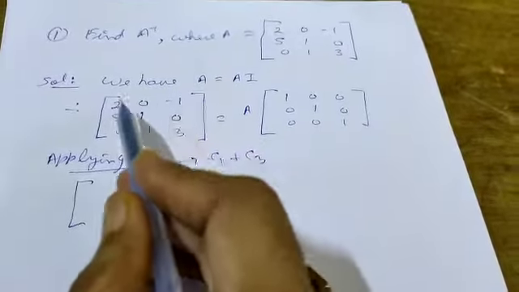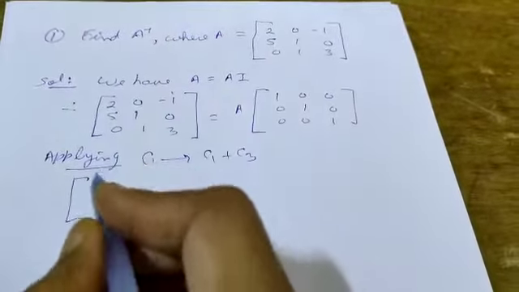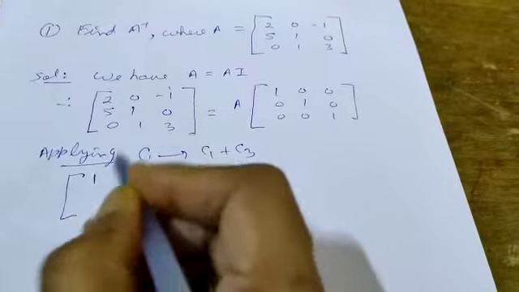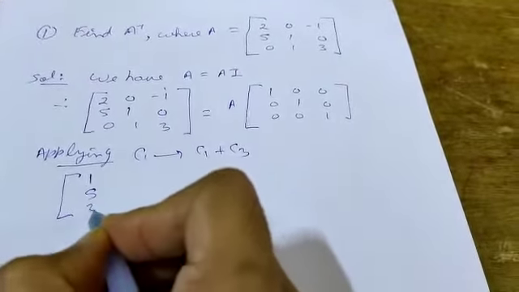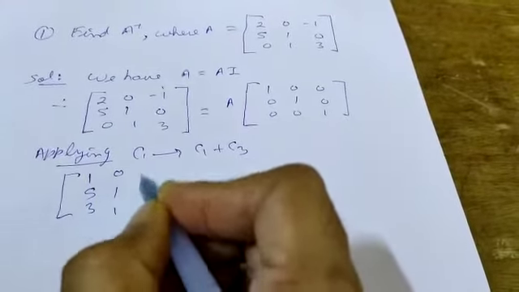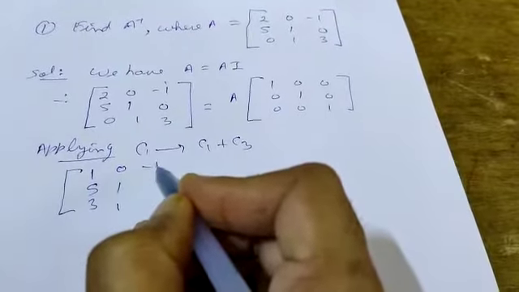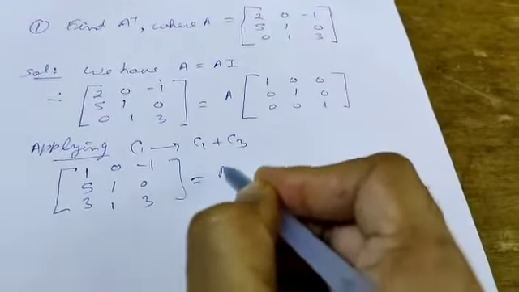So adding these two columns, column 3 will be added to column 1. So 2 minus 1 gives 1. 5 plus 0 will be 5. 0 plus 3 will be 3, and the remaining columns will remain as they are: 0 1 1 and -1 is 0, and this is 3, equal to A will remain as it is.